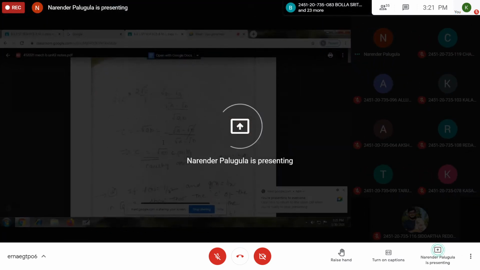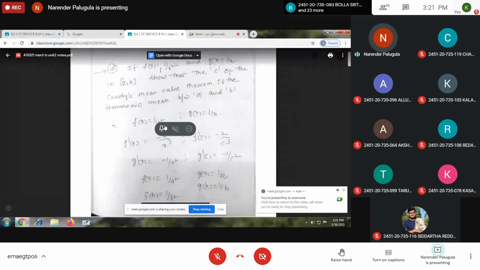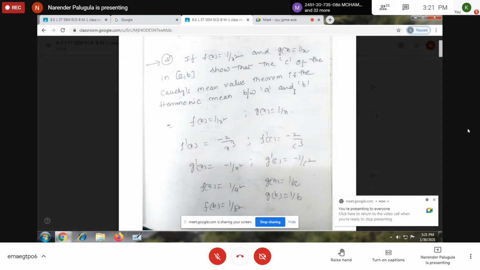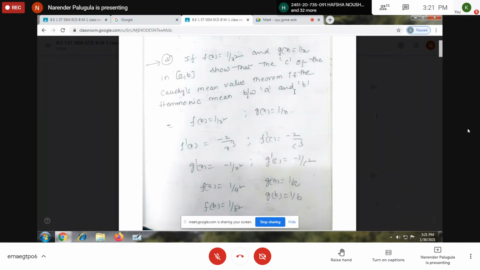The question is: if f of x is equal to 1 by x square and g of x is equal to 1 by x in the interval [a, b], show that the c of the Cauchy mean value theorem is the harmonic mean of a and b.